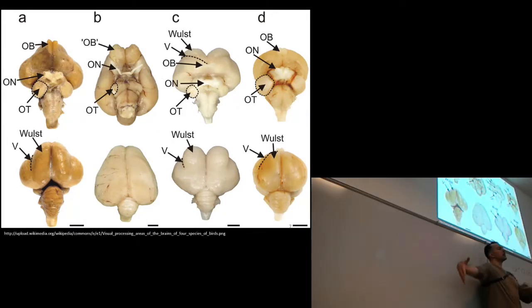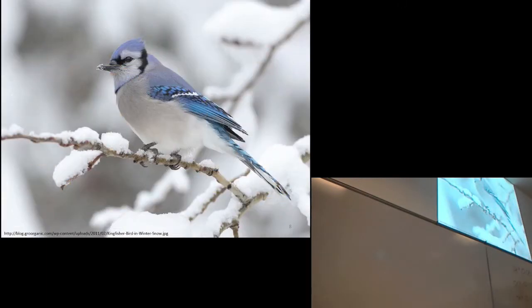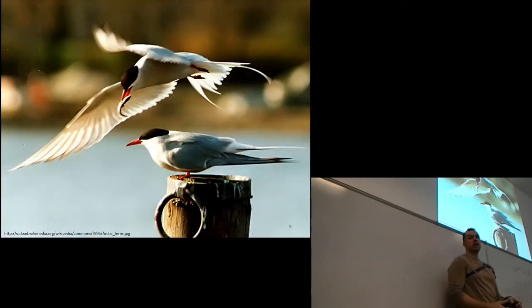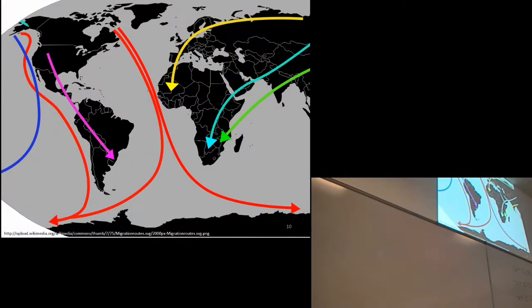They used brain size to measure the intelligence of birds, and then they did an analysis to see if birds that do not migrate are actually smarter, more intelligent than birds that do migrate, as measured by their brain size.